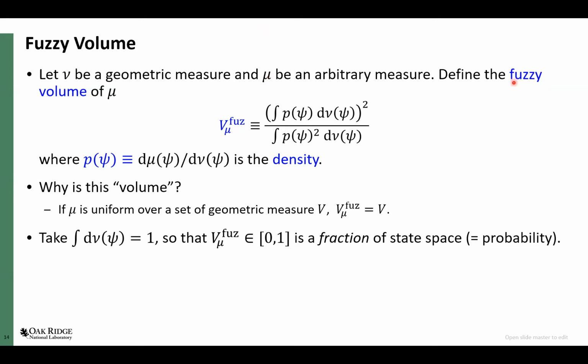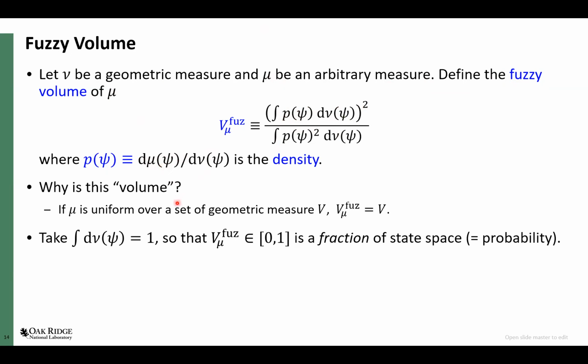I'm going to define the fuzzy volume of this distribution mu as the ratio of the square of this density function p divided by the integral of the square. This density p is just the ratio of our probability measure to our geometric measure.